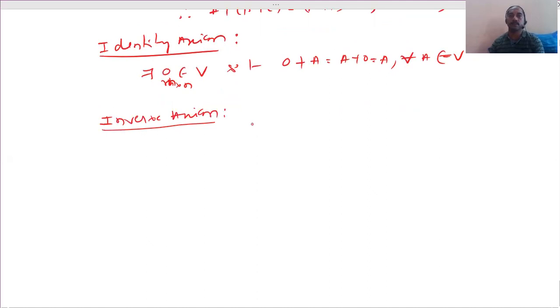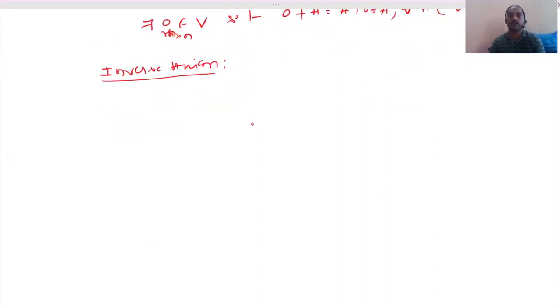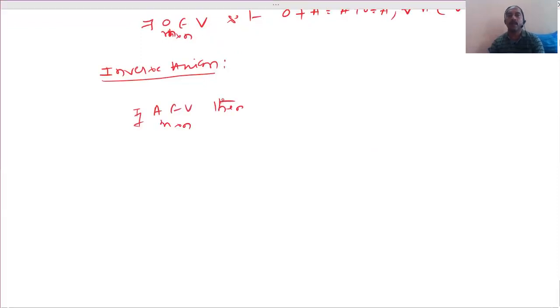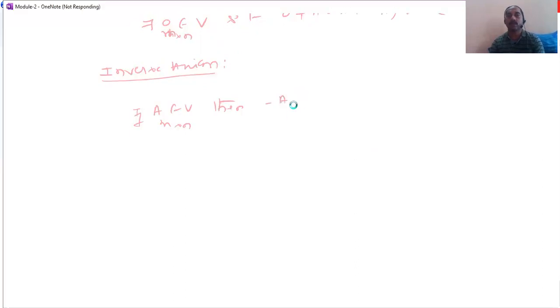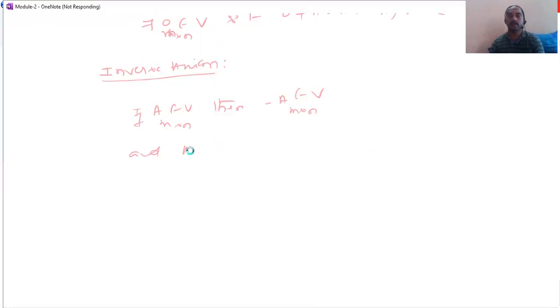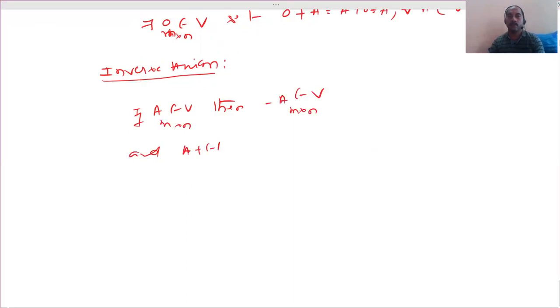Next, the inverse axiom. So the matrix inverse, with respect to addition, is taken with a negative sign. So minus A. If A belongs to V, then, because it is an M by N matrix, minus A is also an M by N matrix whose entries belong to the field, so it also belongs to V. And A plus minus A equals the zero matrix.